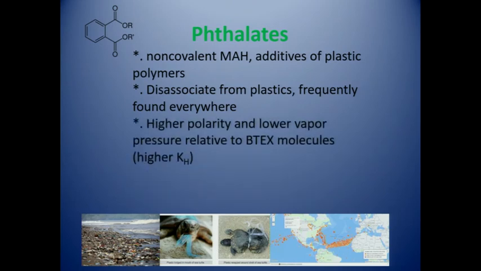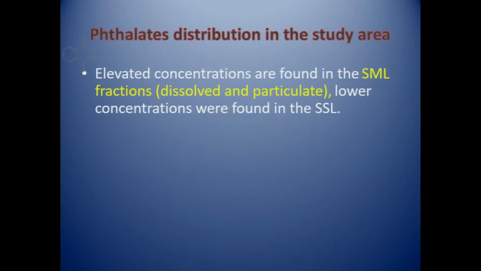These compounds have higher polarity. They're more polar. They have lower vapor pressure. They're less volatile. The density depends. Some of them are higher than 1, some lower. They are also suspected as carcinogenic, and so they are monitored, but to a lower extent. This is interesting.